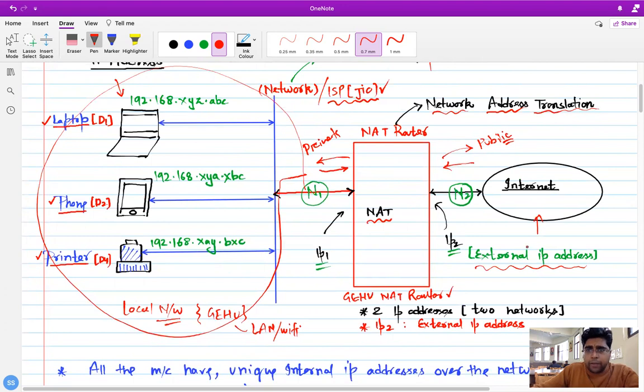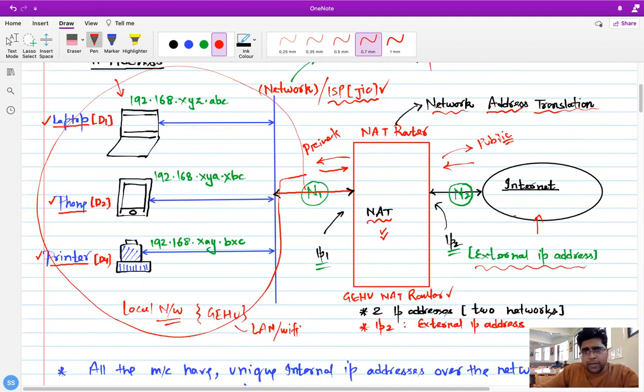Okay, why? Because over the internet, all these IP addresses shouldn't be there. Only the IP address of this NAT, or this local network router, should be there. So it becomes the responsibility of the router to distribute particular data to a particular machine.